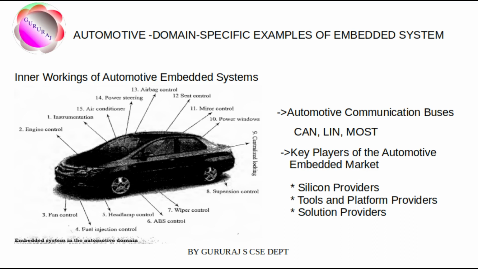Next is the Local Interconnect Network, LIN. The LIN bus is a single master, multiple slave communication interface. LIN is a low speed, single wire communication interface with support for data rates up to 20 kbps and is used for sensor interfacing.